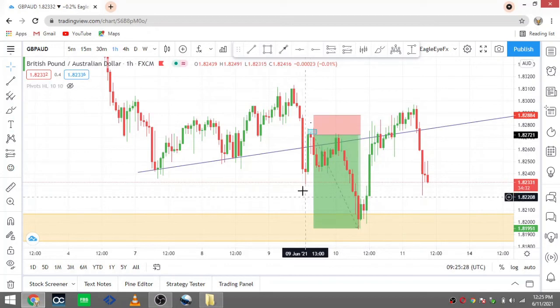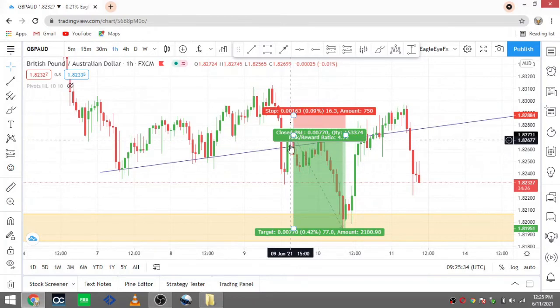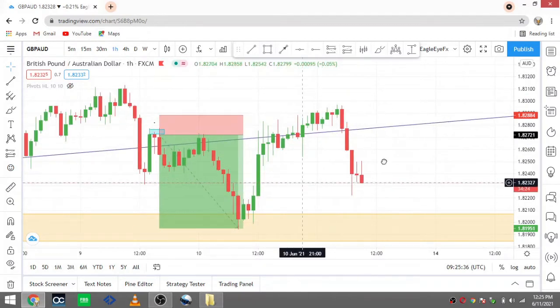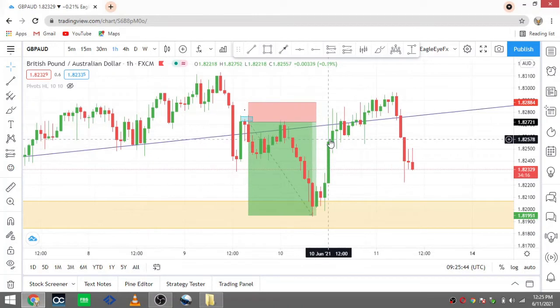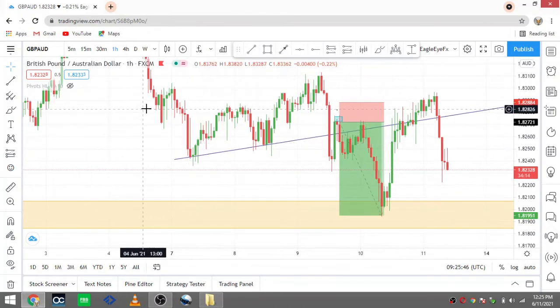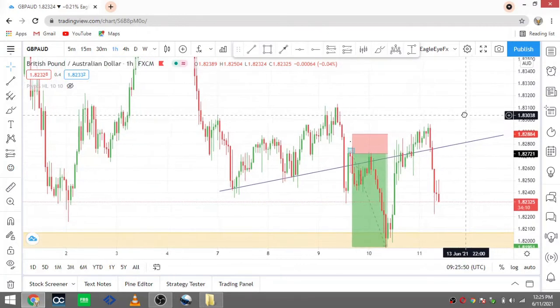Then I saw this bullish candle. Then I saw three strong bearish candles. So what did I do? I went down further, and this is a strategy that I was telling you guys that I learned recently.